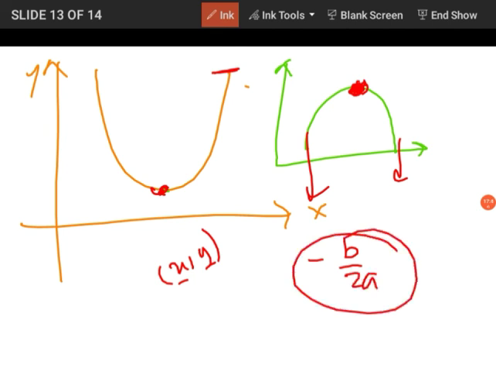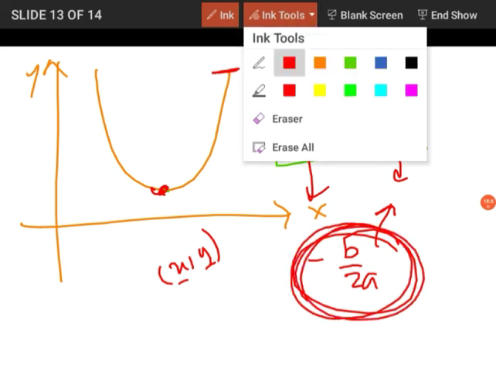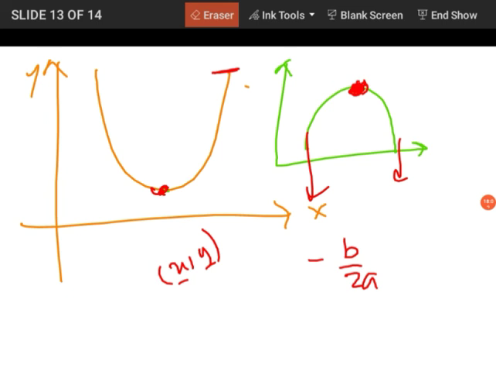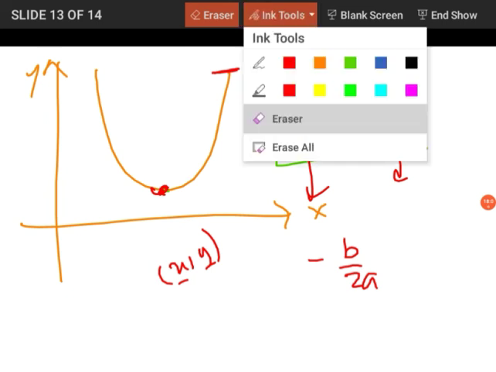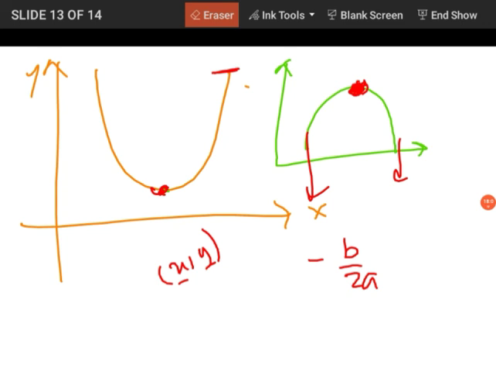So we can say that the maximum and minimum value we will get through this expression, that is minus b upon 2a. Note it down, very important. Now how to prove this?